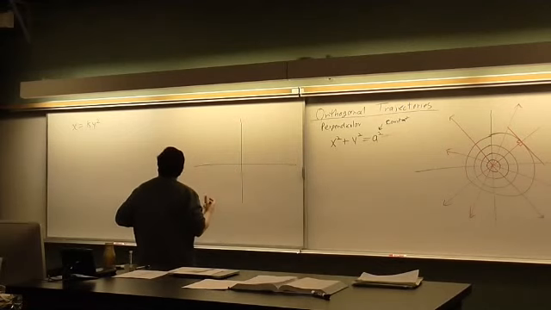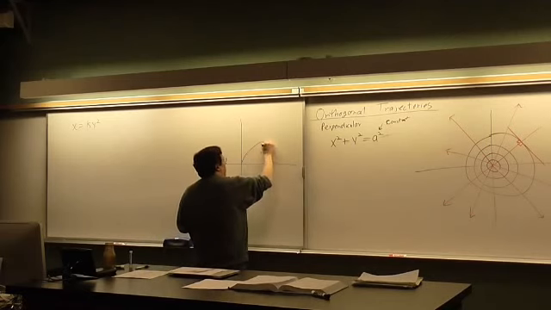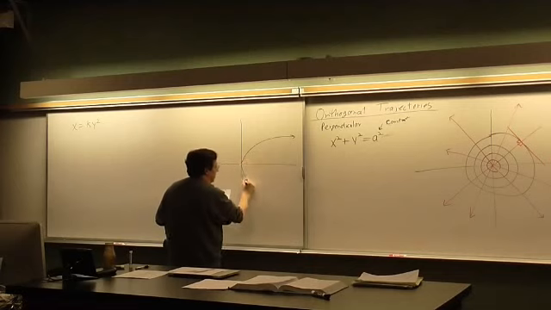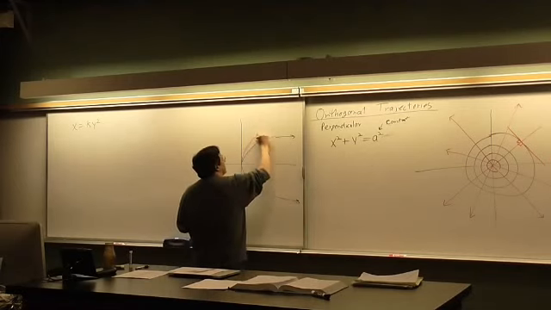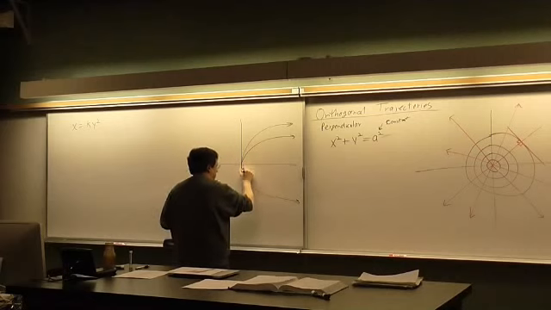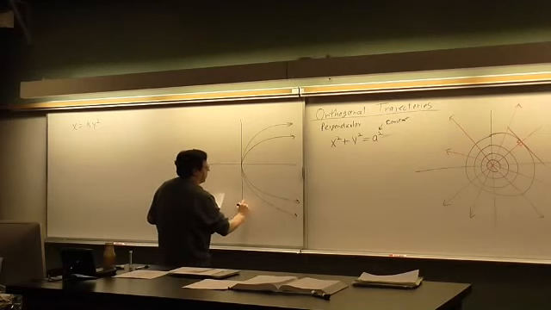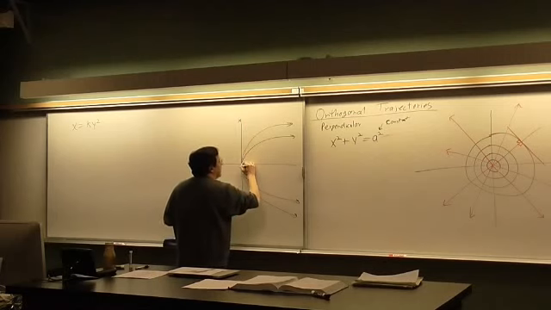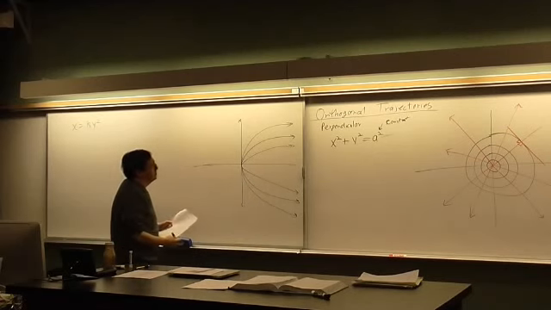So let's think about what that would look like. Assume for a second that k is positive, right? This is a parabola on this side of the y-axis. It's a family of parabolas whose curve depends on k.